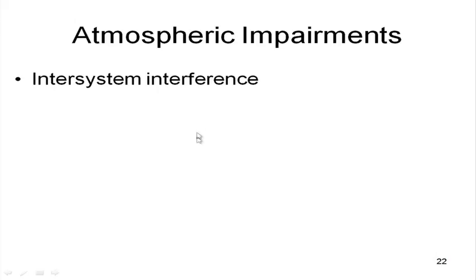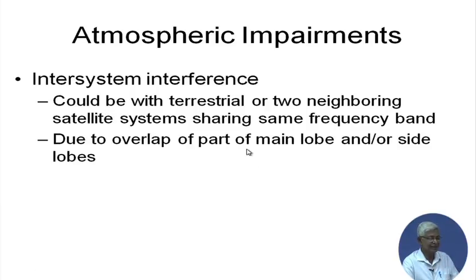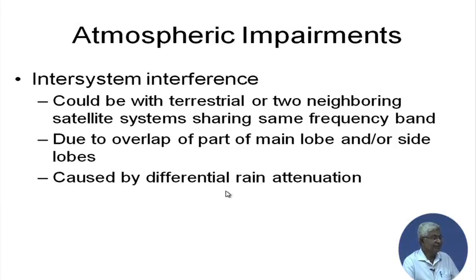Okay. So, there are other possibilities: intersystem interference, that is, there could be a terrestrial or two neighboring satellite systems sharing the same frequency band. We have seen the C by I effect in the last period due to the overlap of part of the main lobe or the side lobes, based on the antenna gain, and differential rain attenuation at the different signal paths.